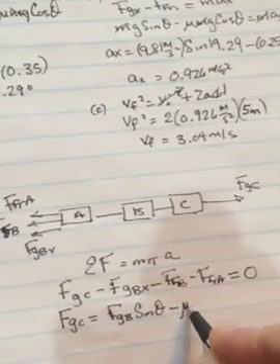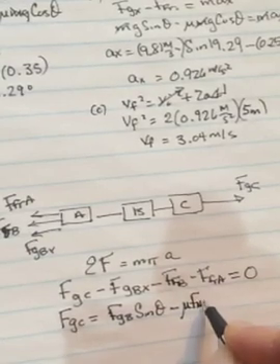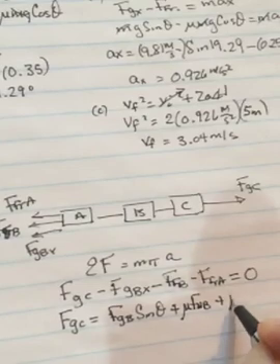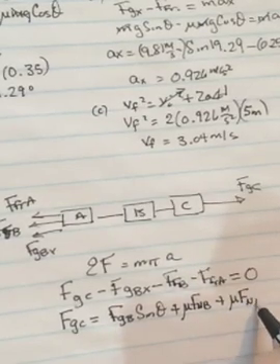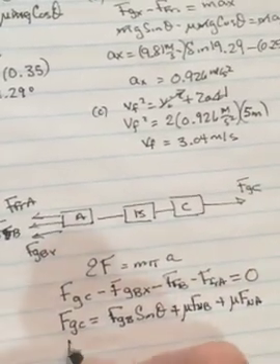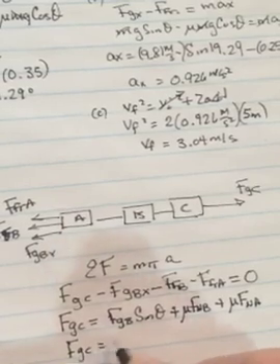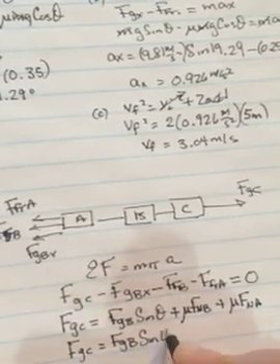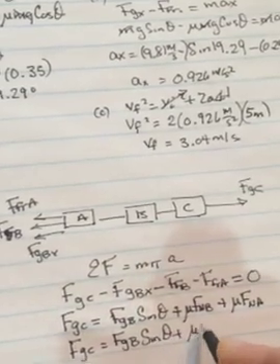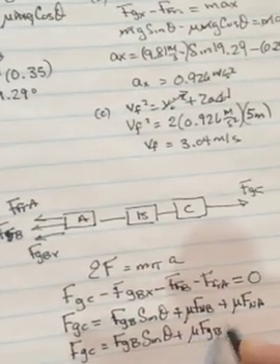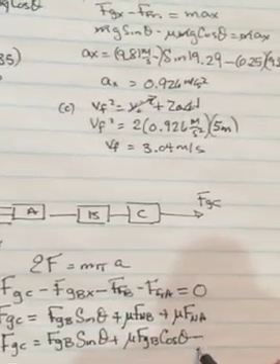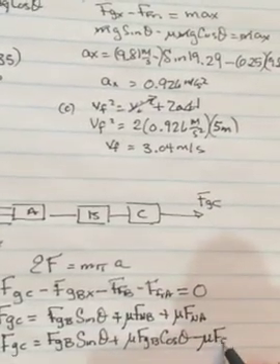So FGBX will be FGB, and the x component is sine theta. FR on B will be mu Fn of B, and it'll be positive, and mu Fn of A. Now B is on an incline, so that means its Fn will be FGB cos theta. A is not on an incline, so its Fn is just FGA.